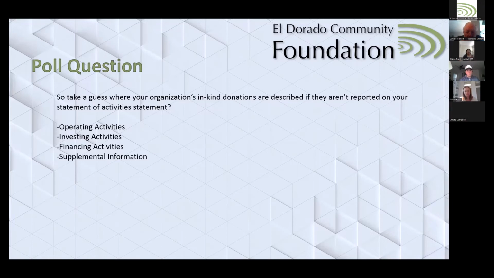The question says: take a guess where your organization's in-kind donations are described if they aren't reported on your statement of activity statement. So if you are doing a statement of activities and you're not putting your in-kind donations in it, where would it show up?